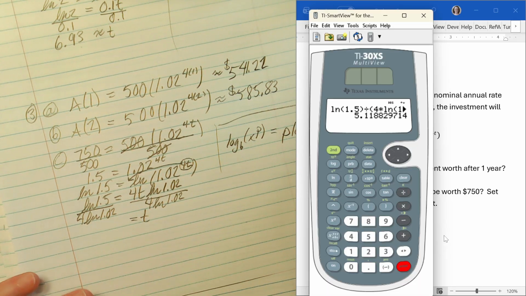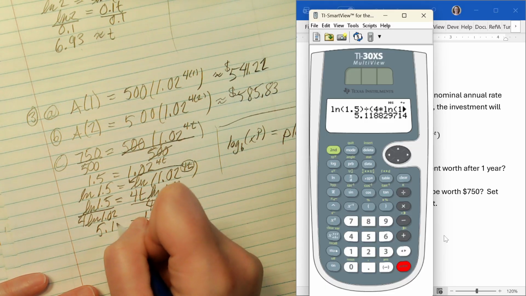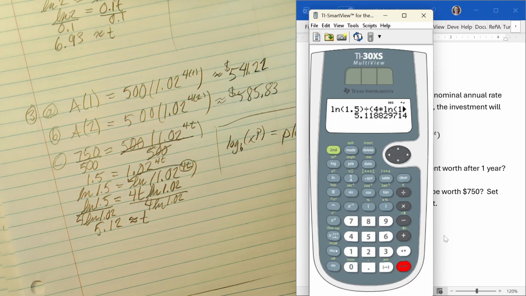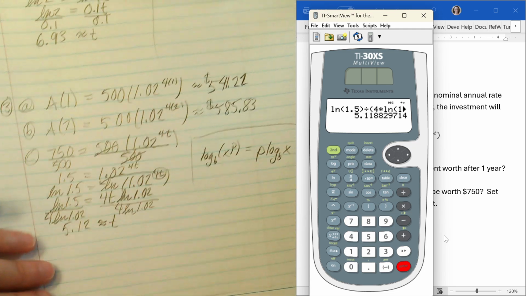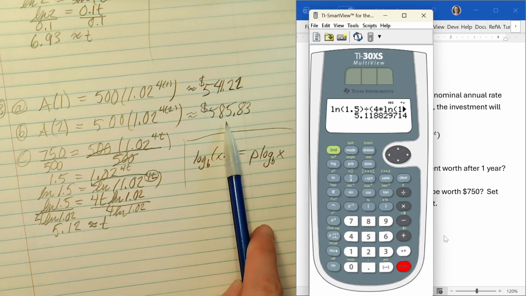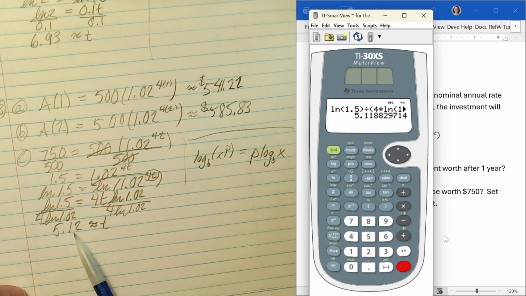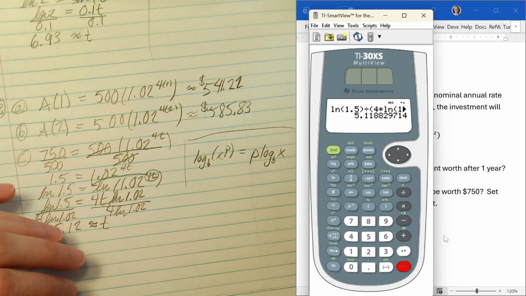Okay, 5.12, and this is approximately. All right, so let's ask ourselves if this makes sense. After 1 year, we had 541. After 2 years, we had 585. And this is saying after 5 years, we're going to have 750. Yeah, I think that's plausible.